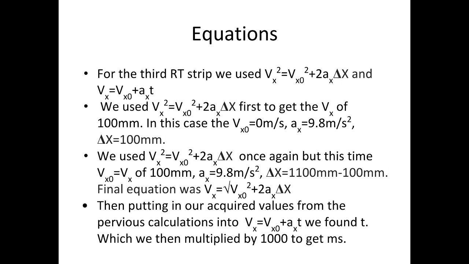And our final equation was V sub x equals the square root of Vx naught squared plus 2 times a sub x multiplied by the delta x. Then, putting in our acquired values from the previous calculations into V sub x equaling Vx naught plus a sub x multiplied by t, we found t, which we then multiplied by 1000 to get ms.